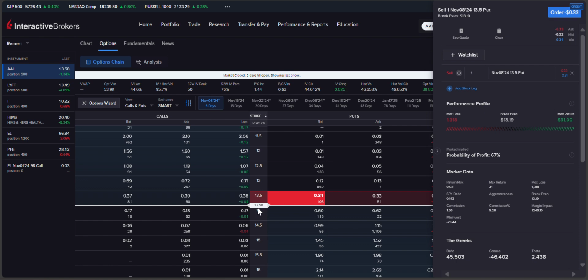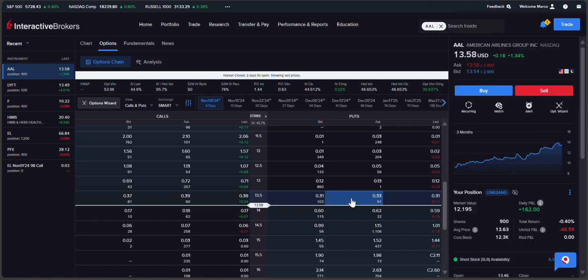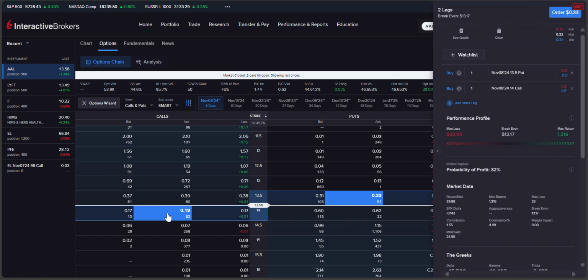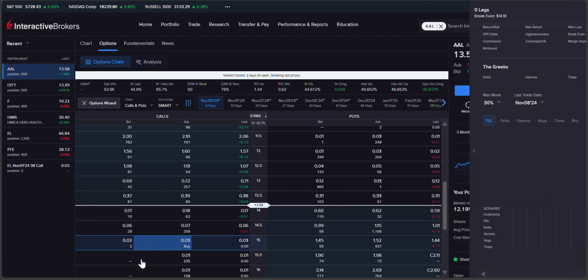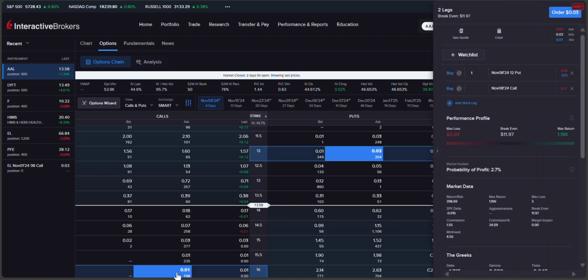For example, if you use this 13 and a half and this 14 right here, all right, you pay much more, but the set of outcomes that allow you to profit are also bigger. Or if you don't have that much money, or you don't want to spend that much money, you can have a much larger strangle here.